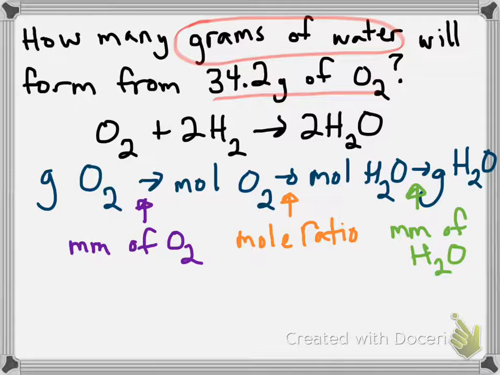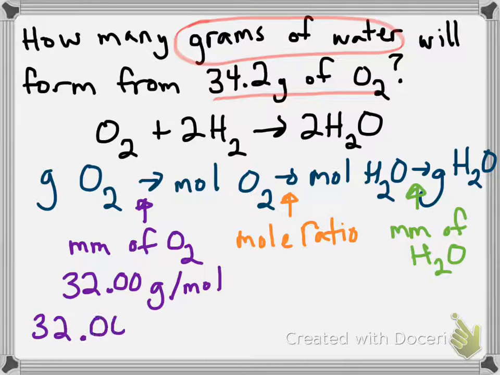Well, my molar mass of oxygen from my periodic table, oxygen has a mass of 16 grams, but O2 would be 2 times 16, so it's going to be 32.00 grams of oxygen per 1 mole of oxygen. So another way of writing this is 32.00 grams of oxygen equals 1 mole of oxygen.